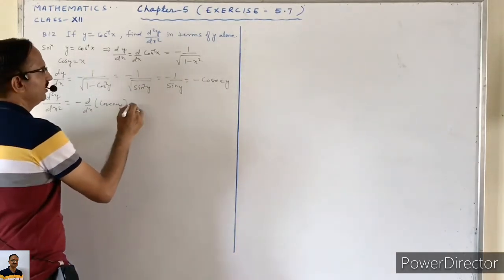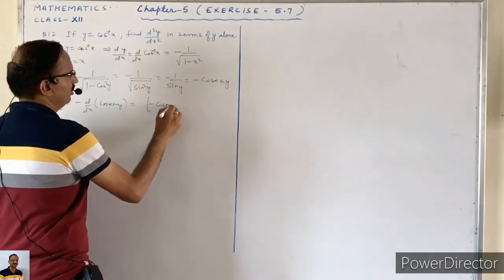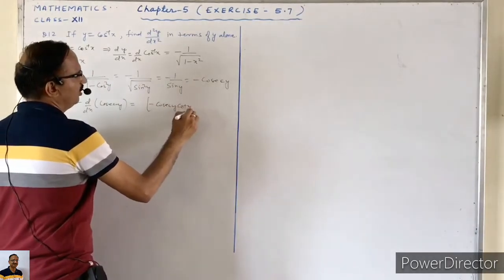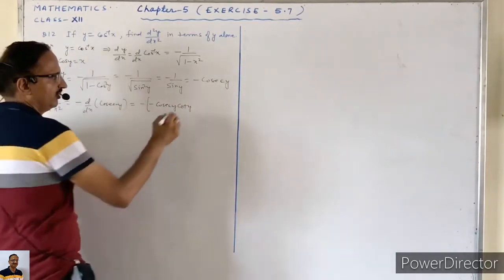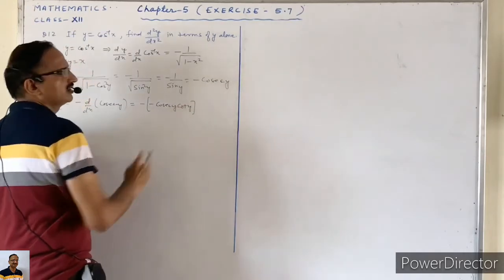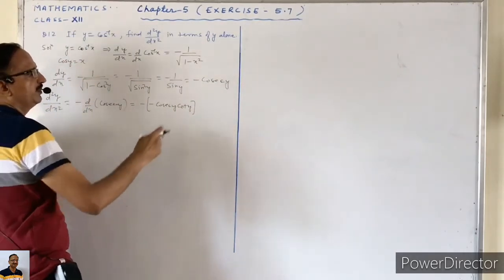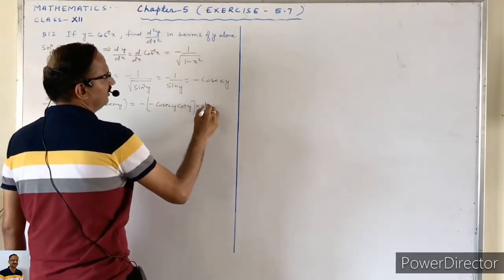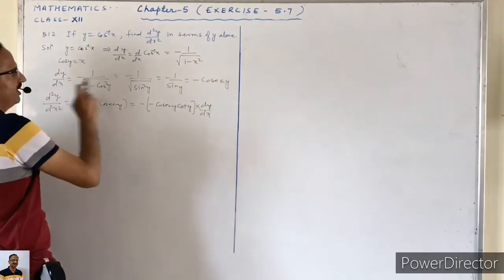So the differentiation of this is minus cosec y and cot y, and this minus is as it is. But this is not x. So we will write the derivative of this y in the product, means dy by dx.